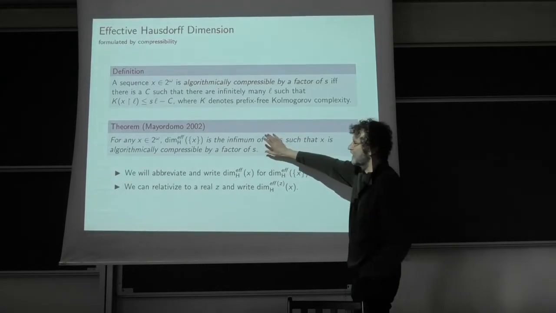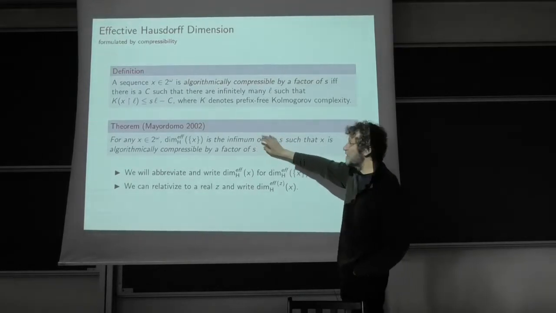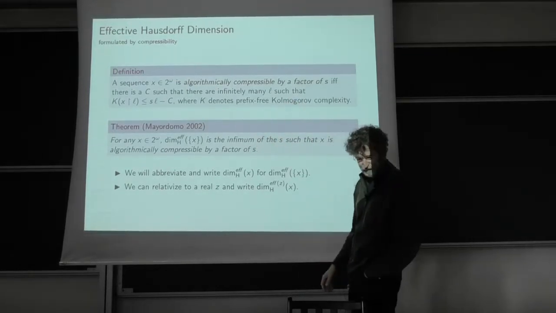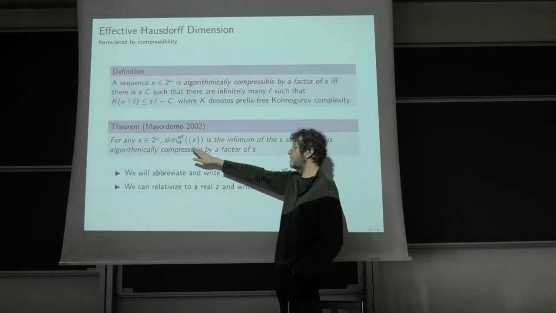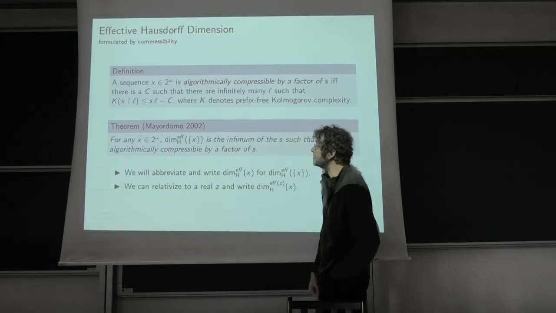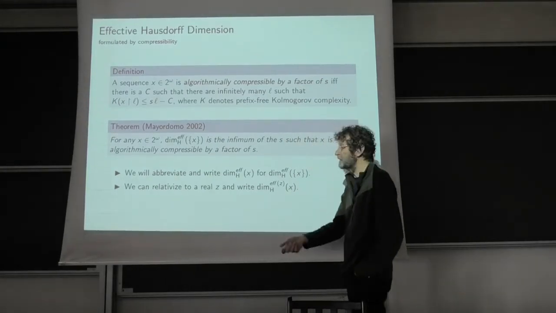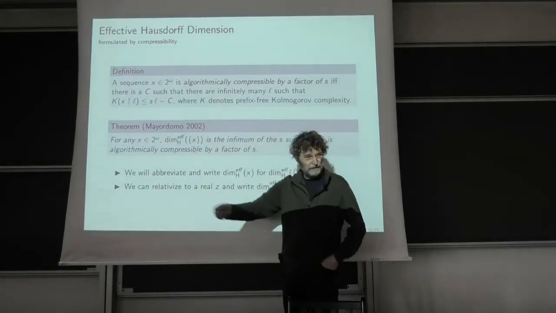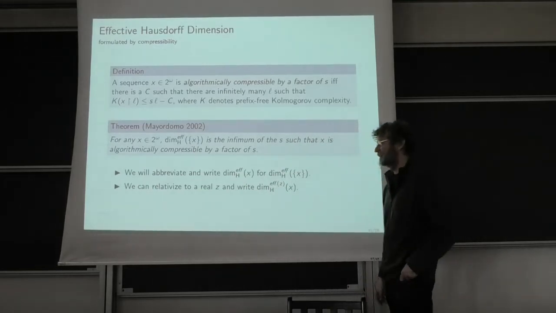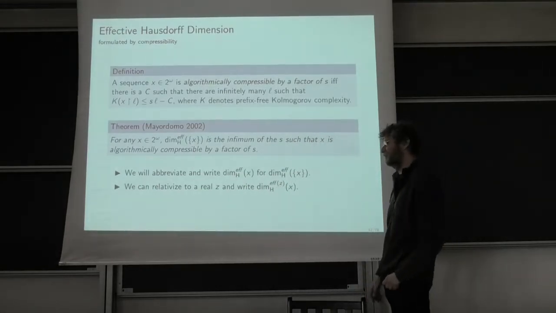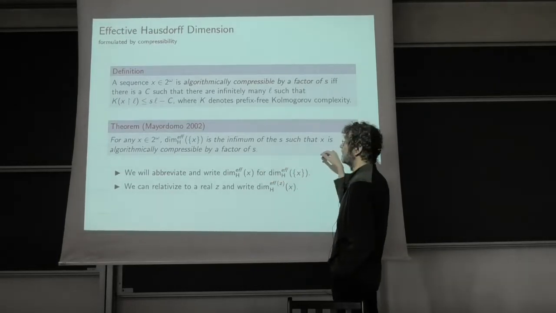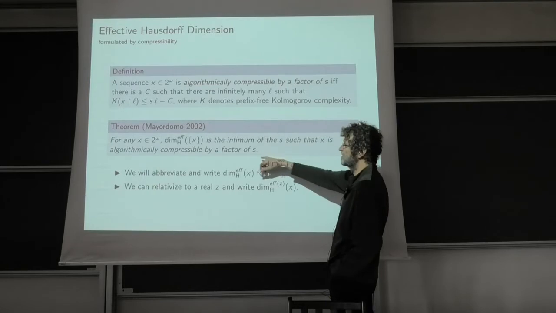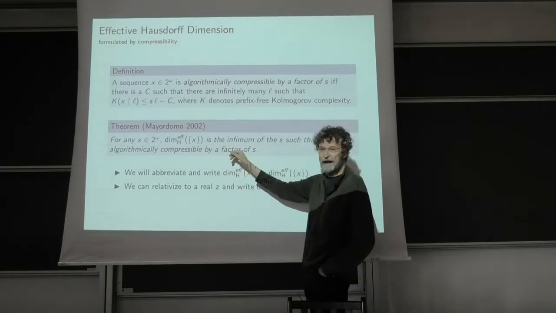Now, two theorems about this concept that are relevant to us today. The first is, if you have a singleton, we defined the effective dimension, which was an effective version of the classical description of Hausdorff dimension. The effective dimension of a point is the infimum of all the s's such that x is algorithmically compressible by a factor of s.